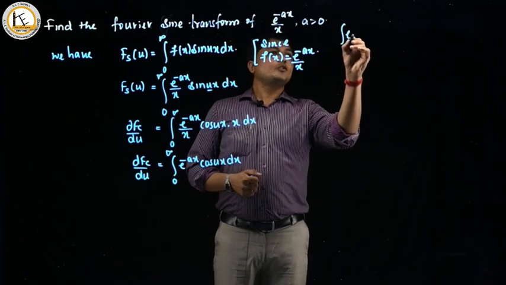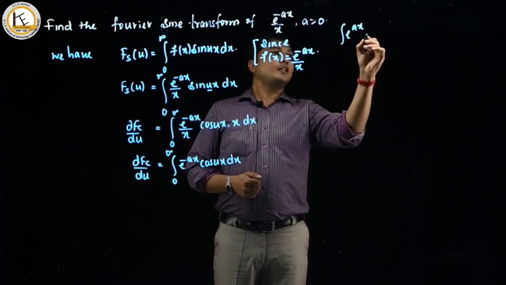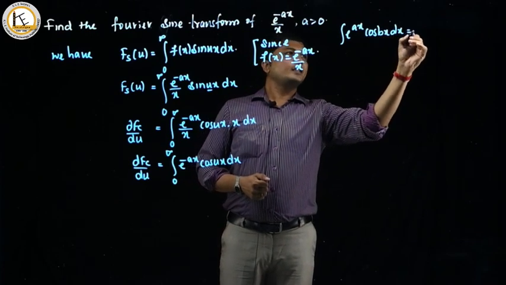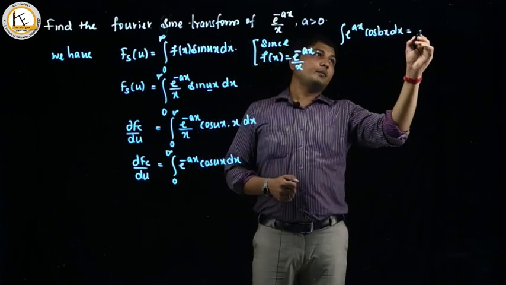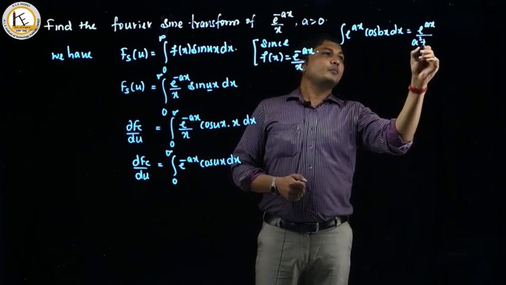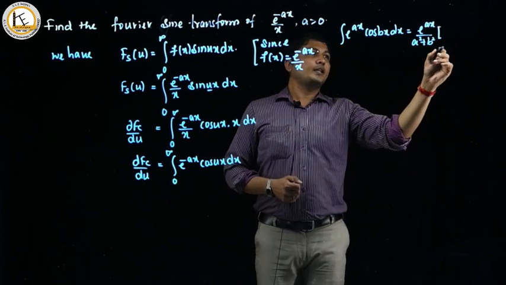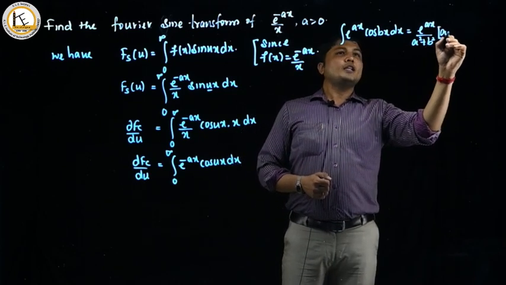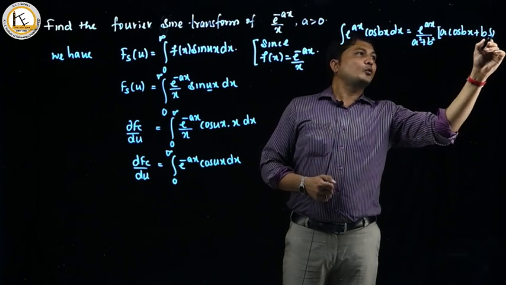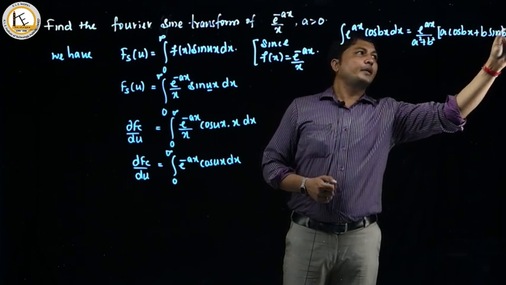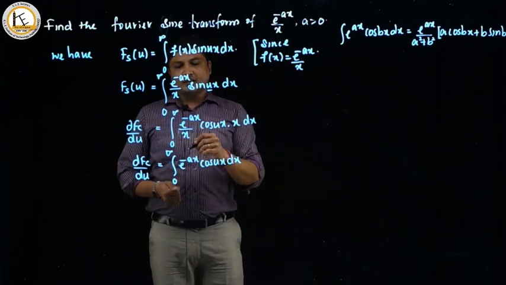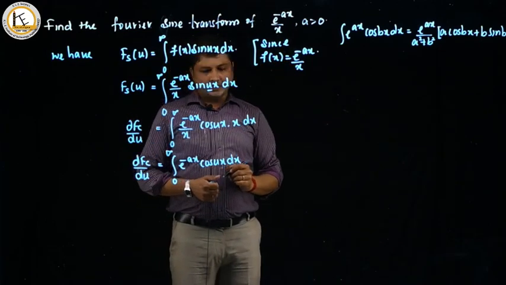The integral of e raised to ax into cos bx with respect to x is given by e raised to ax divided by a square plus b square into the bracket a cos bx plus b sin bx. This is the integral formula, and the same formula we will use here.